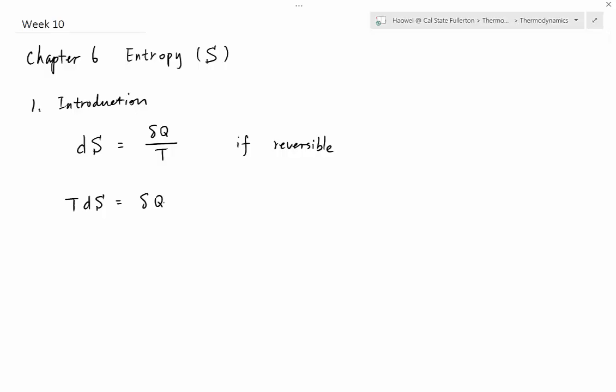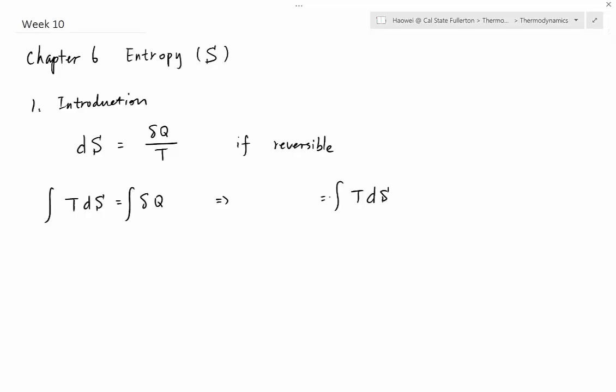The only reason why we don't use a derivative before Q is because Q is not a property, and the derivative d is reserved for properties. But in terms of mathematics, delta Q is just equivalent to derivative Q. Okay, so now we can integrate both the left-hand side and the right-hand side.